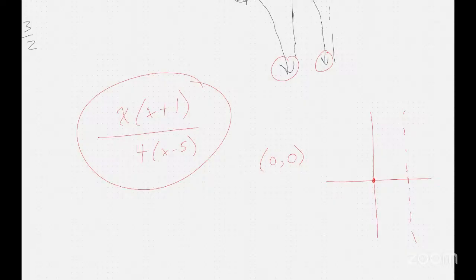Here, let's make it trickier. Let's make it squared, and let's make this 8 up here. So what would my horizontal asymptote be?